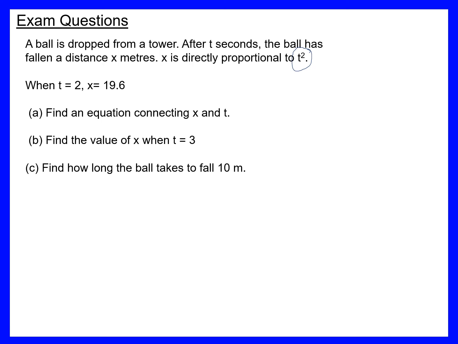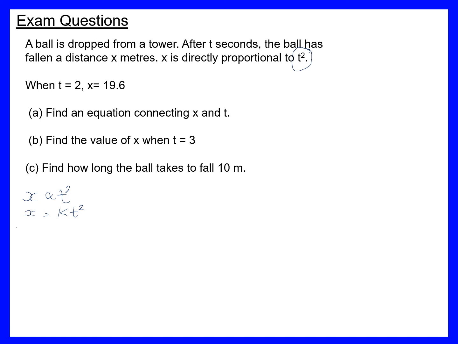So our first step then is to find our equation. So let's start with our proportion statement. So we have x is directly proportional to t squared. Okay, so we turn that into an equation. So x equals kt squared. So we've multiplied by our constant k. We're going to substitute in our 2 values.